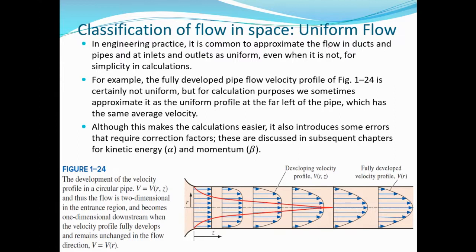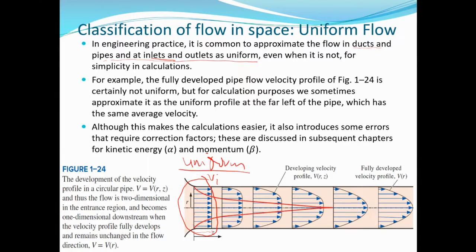At inlets and outlets it's common to approximate flow in ducts and pipes as uniform. At the inlet, the velocity profile means at every point here the velocity has the same value, let's say Vi. So at this portion, the velocity is uniform.